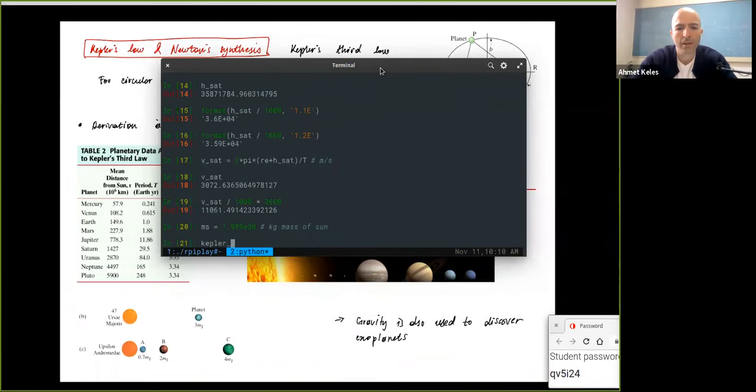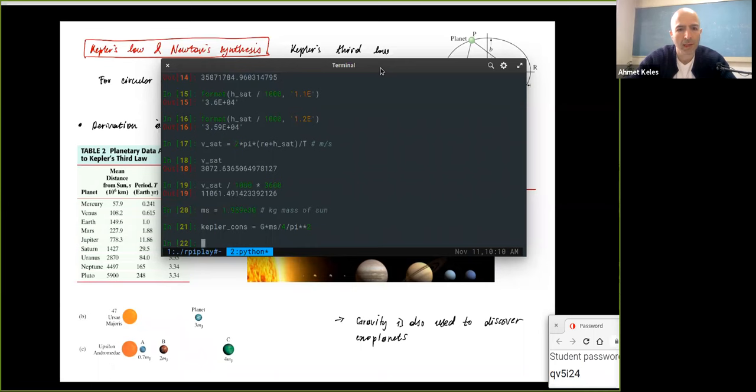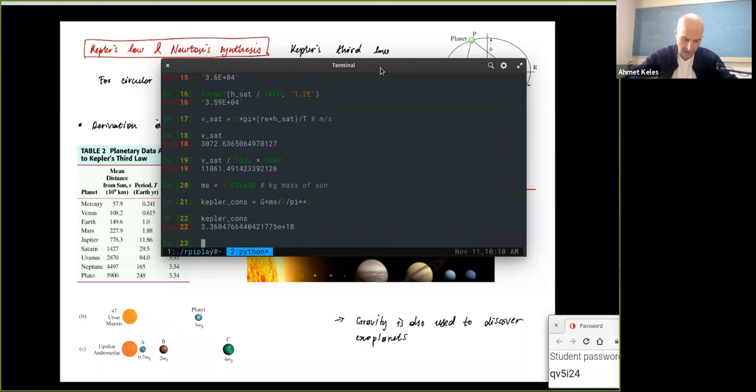Kepler constant is equal to G, we already have G, times M sun divided by 4 pi squared. And let's see what it is. At least for the solar system, this is equal to 3.36 times 10 to the 18, right? And the unit is meter cubed divided by second squared.